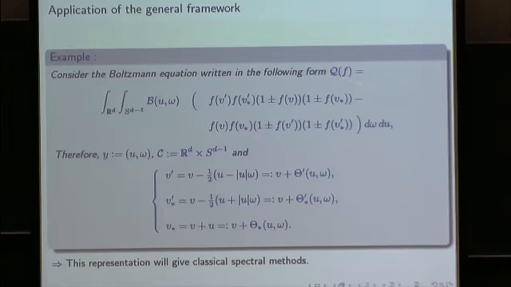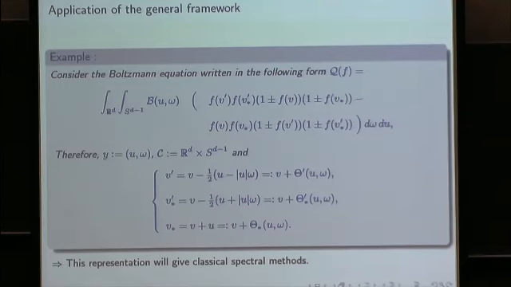Here the variable of integration is (u, omega), where u is the relative velocity, so the domain of integration is R^d times the unit sphere. Finally, v prime star and v star are given by this. So indeed, it is written as the sum of v plus a function of u and omega, and we can check this for v prime star and v star.